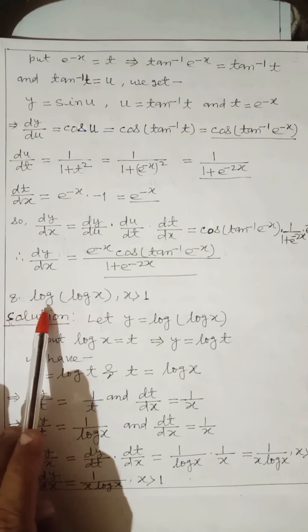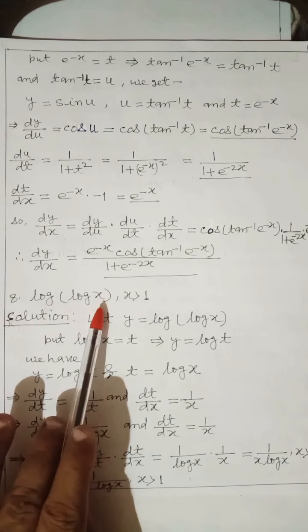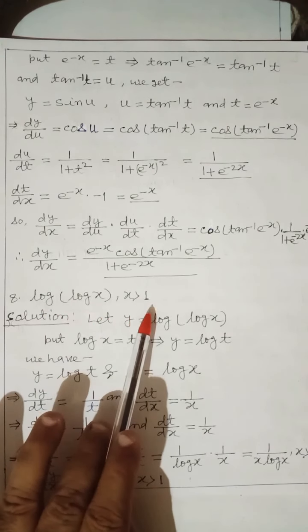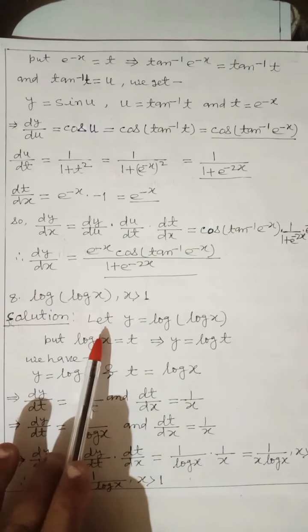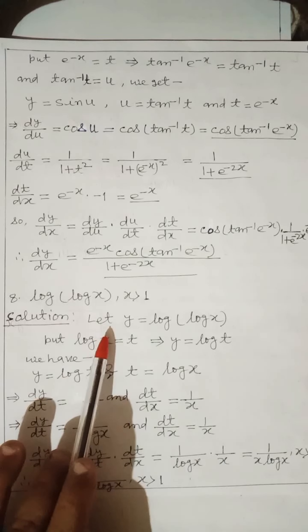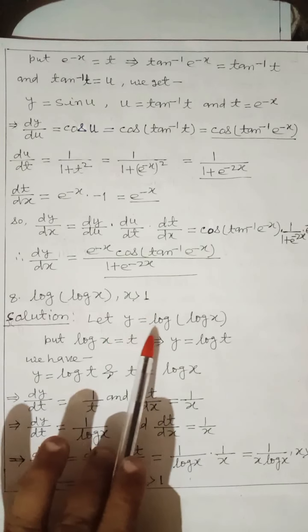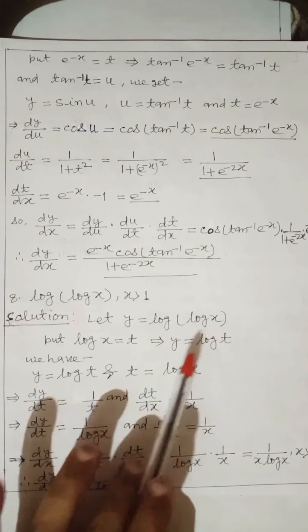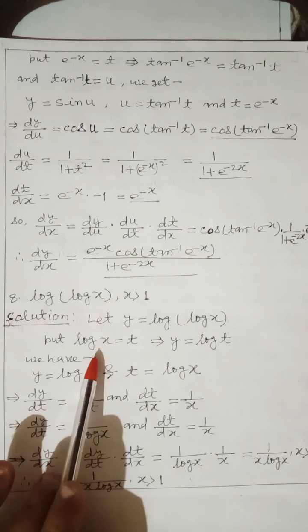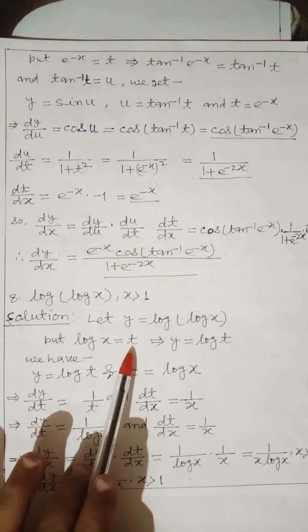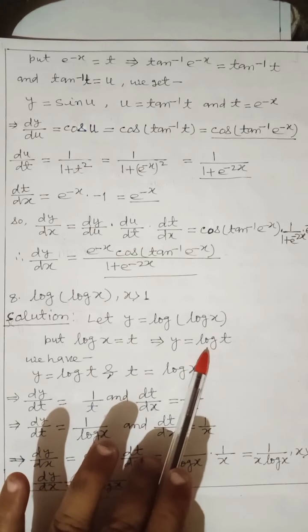And again here we start question number 8, log of log x where x greater than 1. Dear students, here we will use again chain rule. Let y is equal to log of log x, and again log x is equal to t, so y is equal to log t.